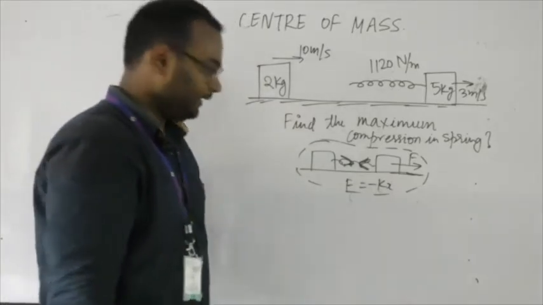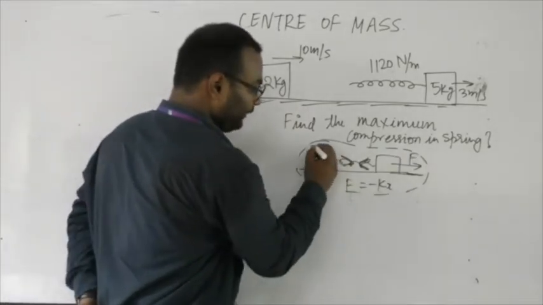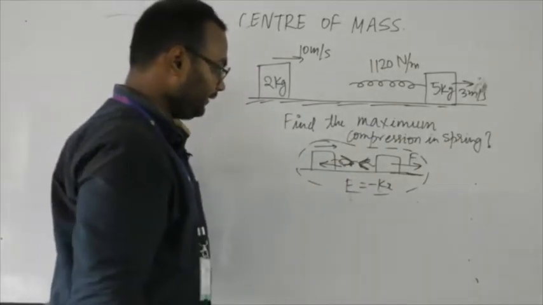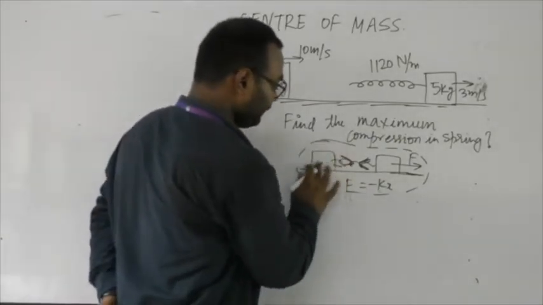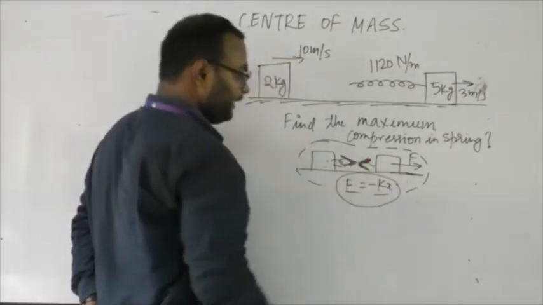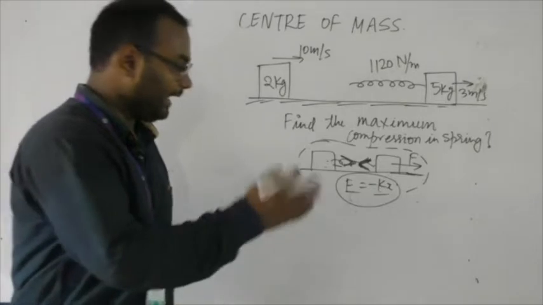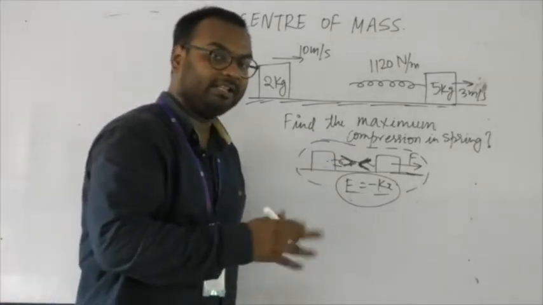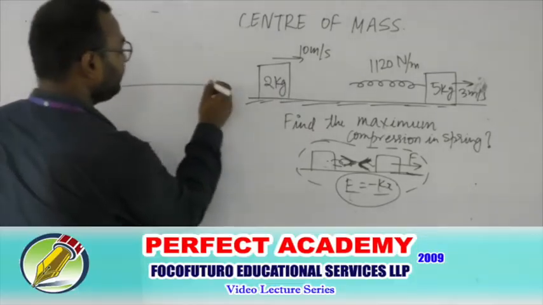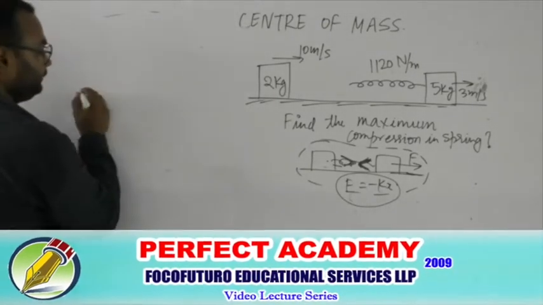The same way, when this is going forward, the spring will have force in this direction. As a system, spring force will have opposite and equal magnitude of forces. The same thing will happen here when they start to move together.